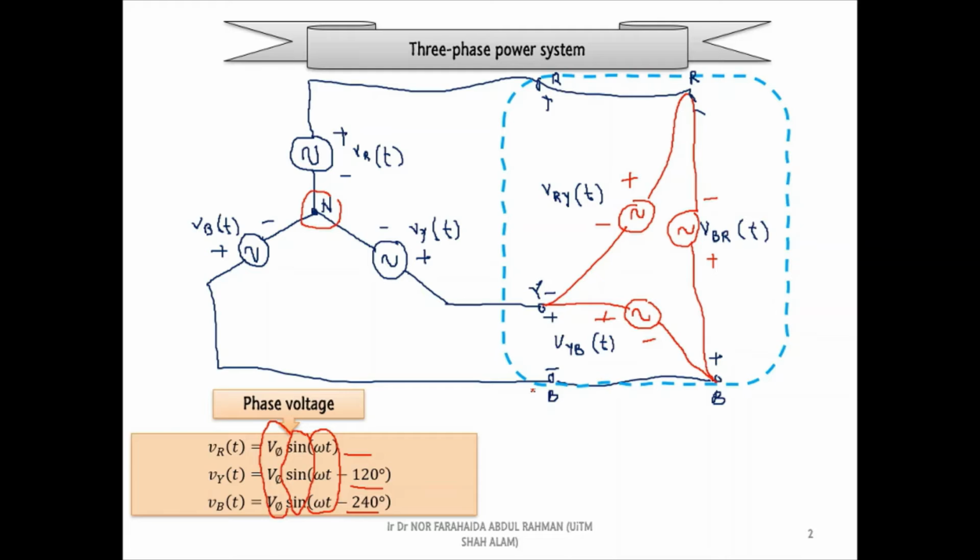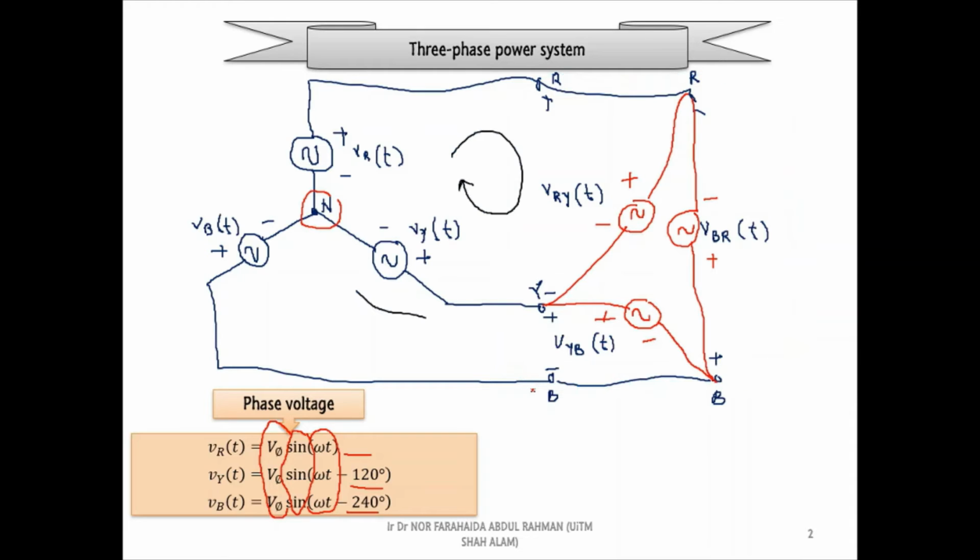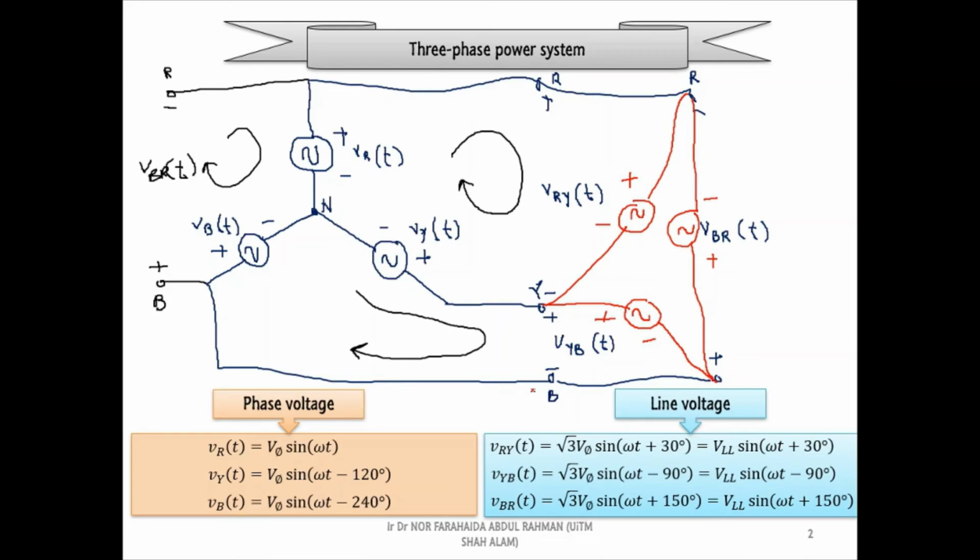Later, in order to obtain the equation of these voltages, you need to apply KVL inside the loops. Based on the equation of the line voltages, we can see that the peak amplitude of the line voltages is higher than the peak amplitude of the phase voltages.